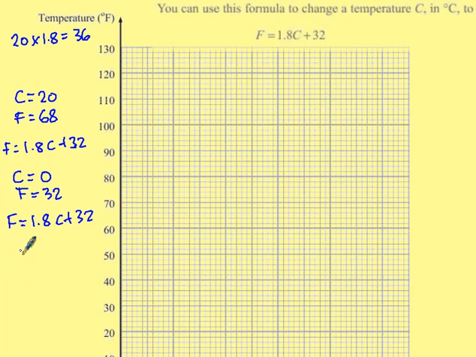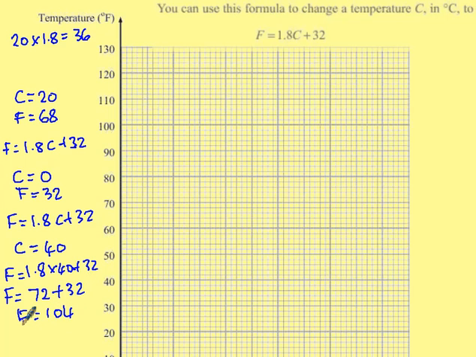So if the temperature is 40 degrees centigrade, the Fahrenheit temperature is 1.8 times 40 plus 32. If I knew that 1.8 times 20 is 36, 1.8 times 40 is 72, add 32, my Fahrenheit temperature is 104.